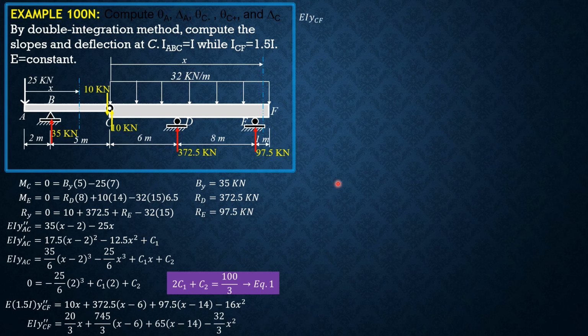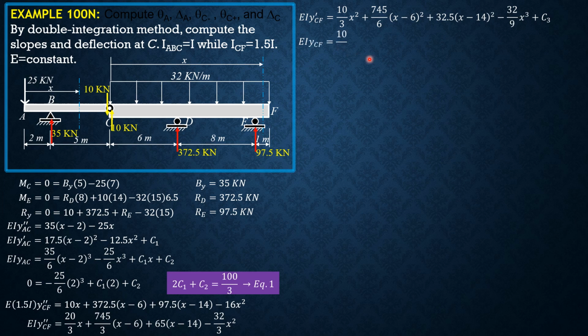Integrate, EI y prime CF equals 10 thirds x squared plus 745 over 6 quantity x minus 6 squared plus 32.5 quantity x minus 14 squared minus 32 over 9 x cubed plus C sub 3. Integrate again.